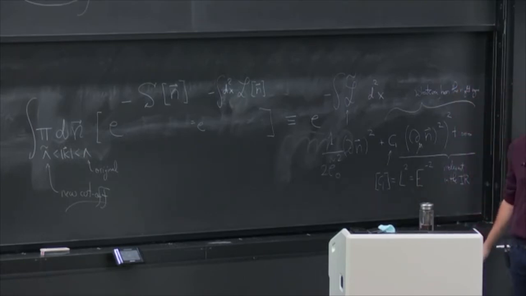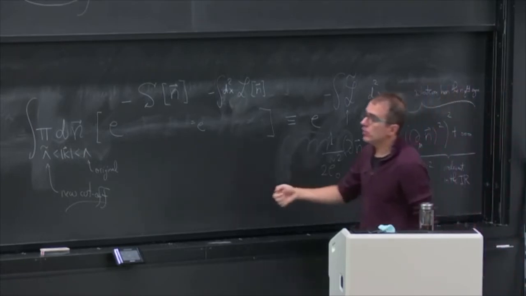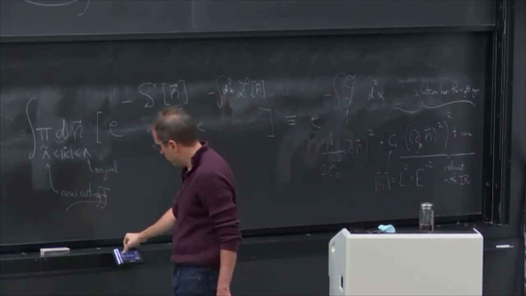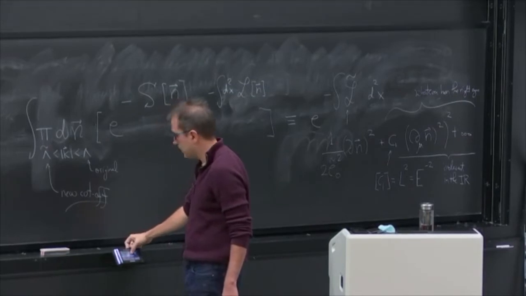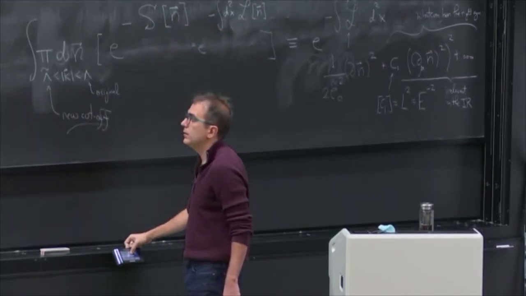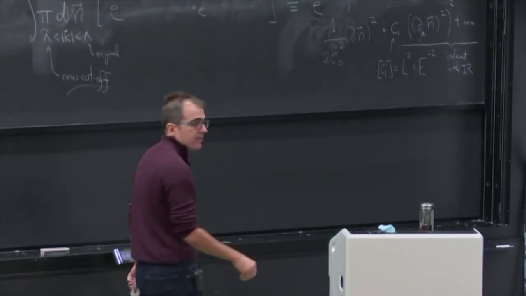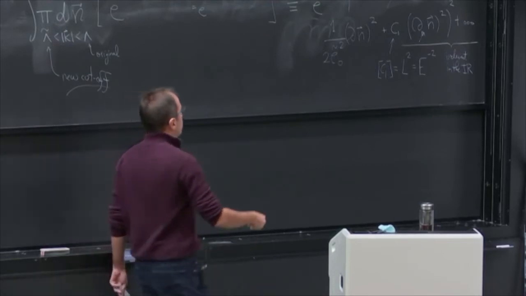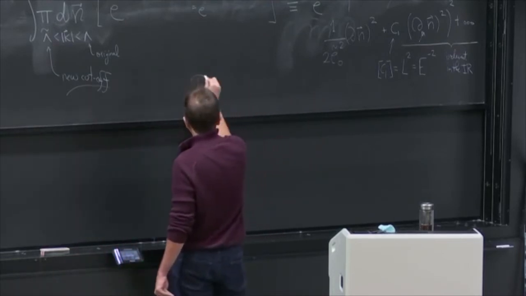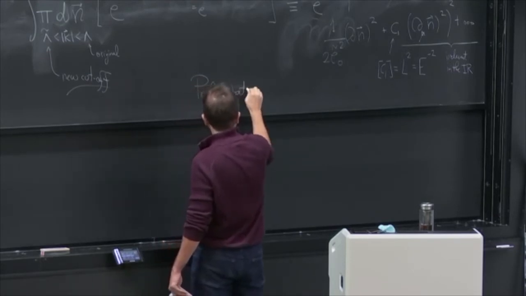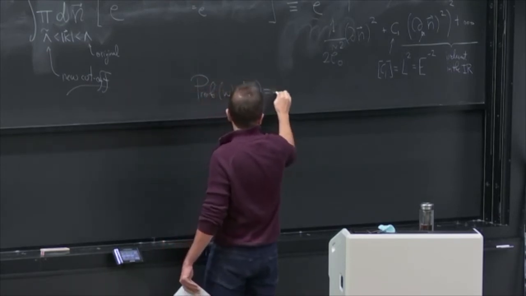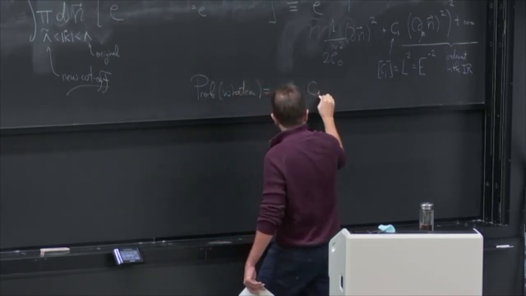Let me just recall the usual way of understanding this. How would they show up in a physical quantity? Suppose I'm computing some physical quantity, some probability of whatever, and then there is the effect of C1.